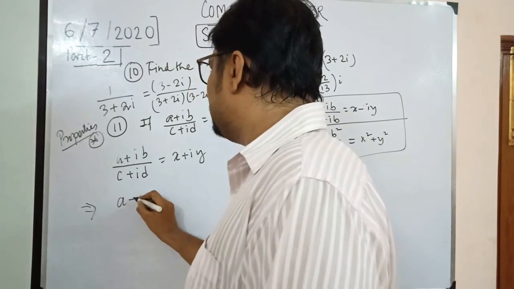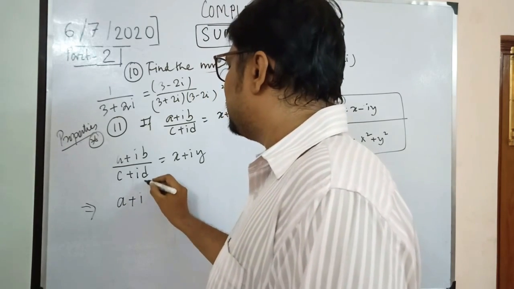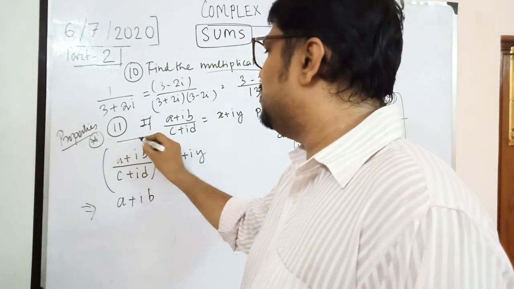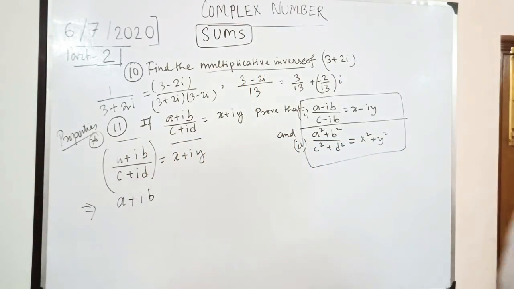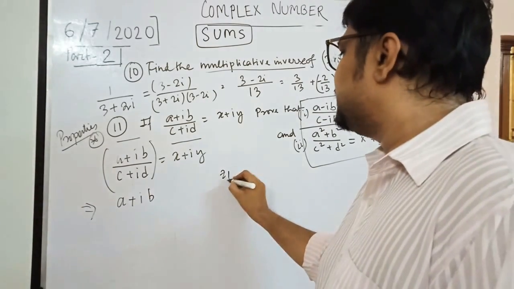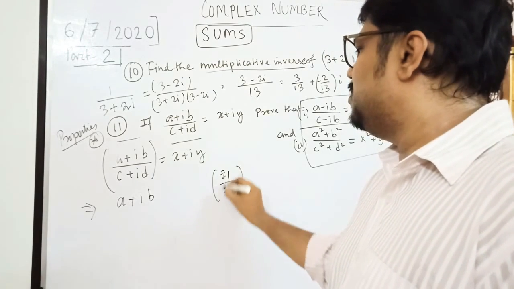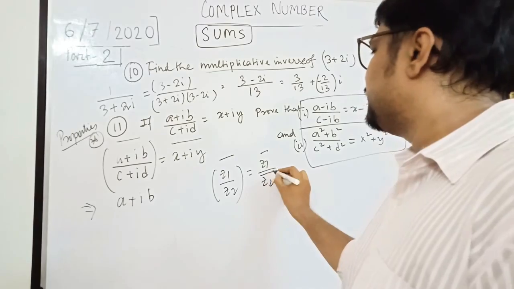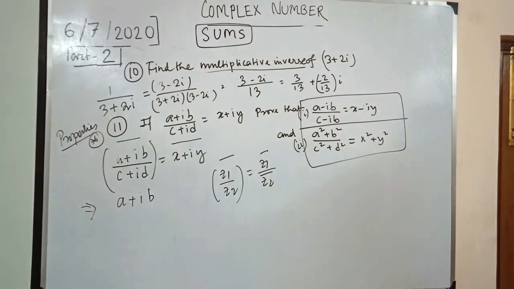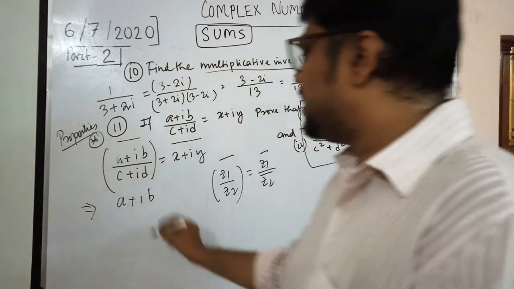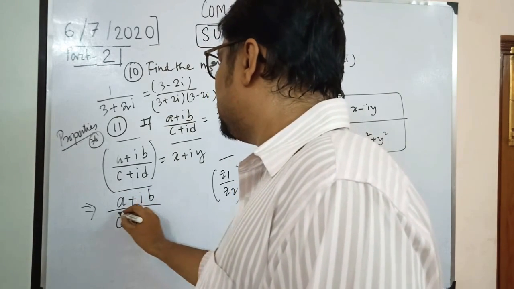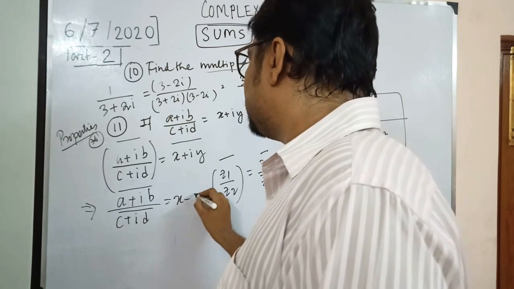We put a whole conjugate on both sides. If we do the whole conjugate, z1 by z2 whole conjugate is z1 conjugate by z2 conjugate. So here it becomes a plus ib conjugate by c plus id conjugate, and this side becomes x minus iy.